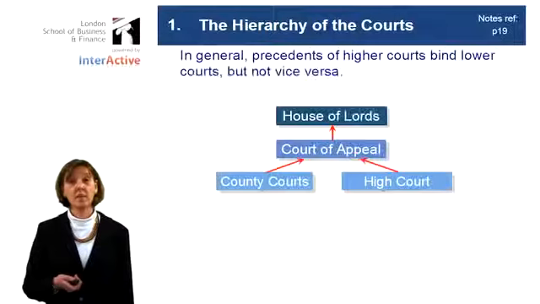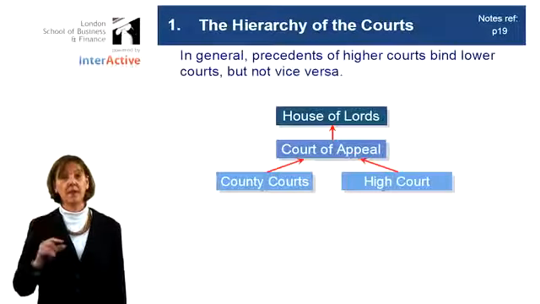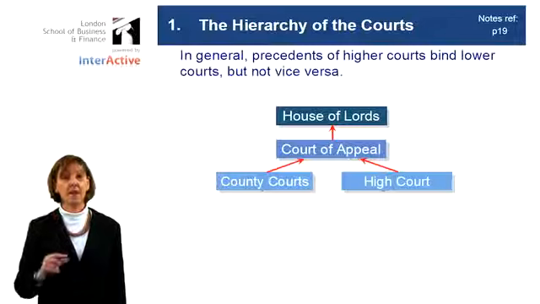Next one up, can you remember? Court of Appeal. And the top of the tree, the highest court in the land, is the House of Lords. So precedents of the House of Lords bind the other three because they're lower. Precedents of the Court of Appeal do not bind the House of Lords, but they do bind the High Court and the County Court.